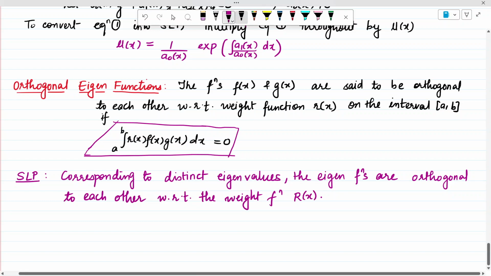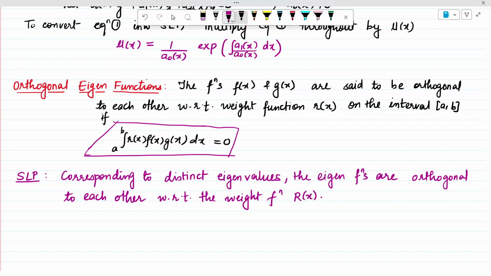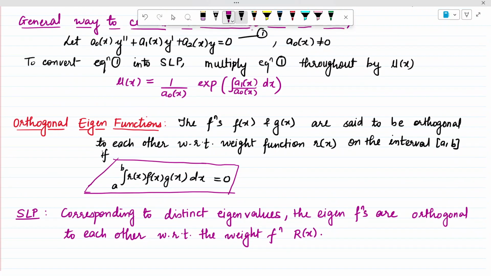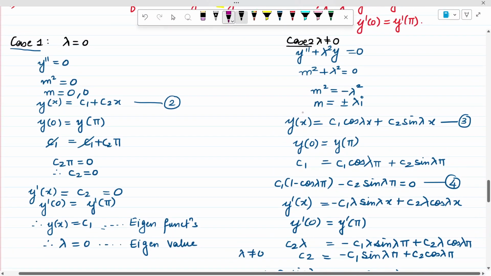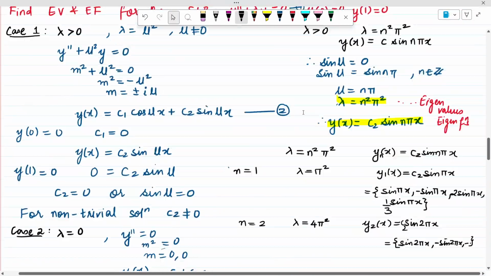Okay, so whatever different eigenvalues you will get, they're orthogonal to each other with respect to the capital R of x. So finding it in the standard form, finding capital R of x, is important. So let's look at the examples which we have done here and try to check the orthogonality over there.